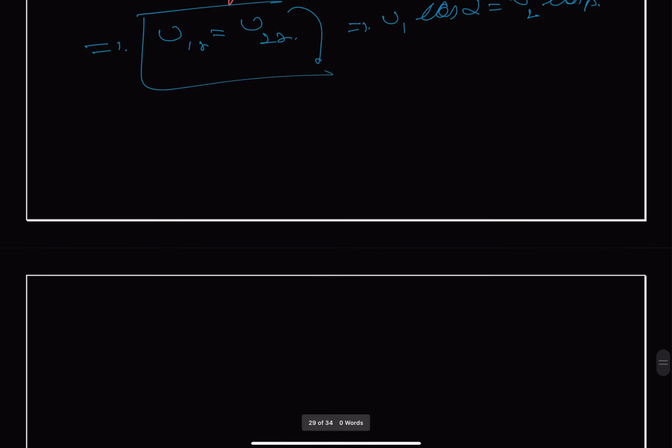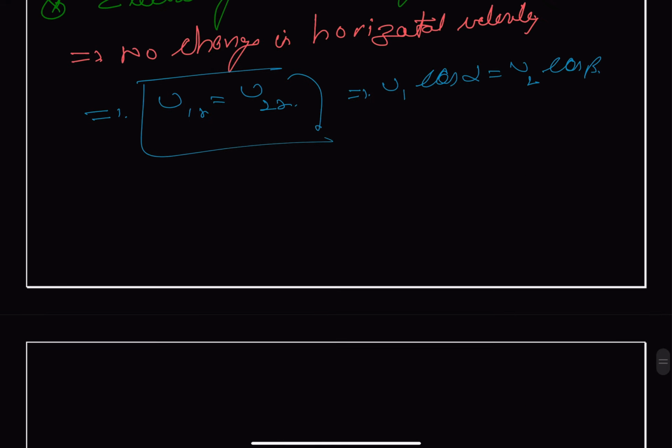And we can easily find the ratio V1 by V2. So V1 upon V2 will be equal to cos beta divided by cos alpha. And we know that kinetic energy is half m v square.